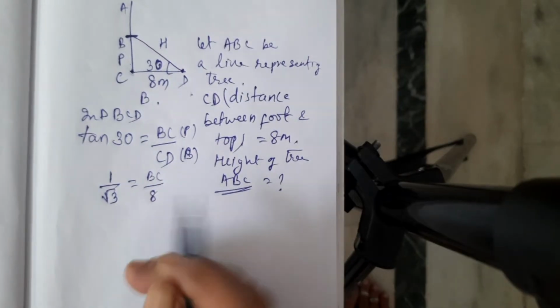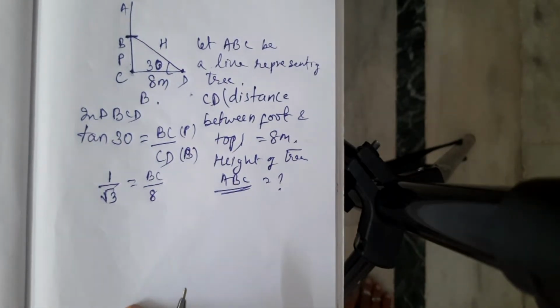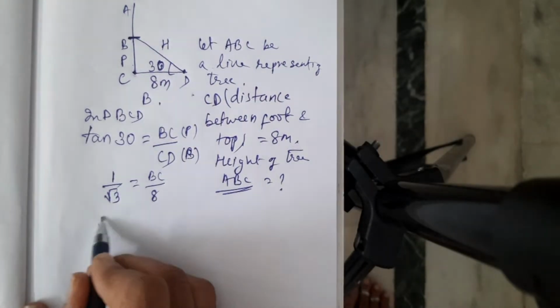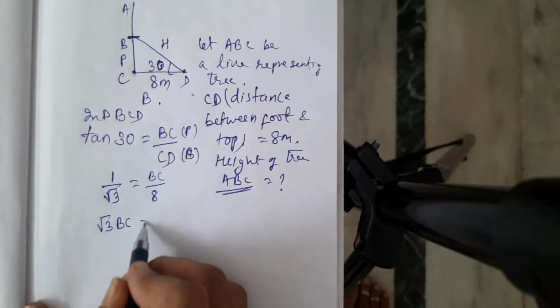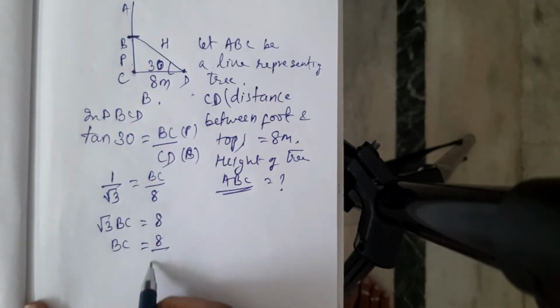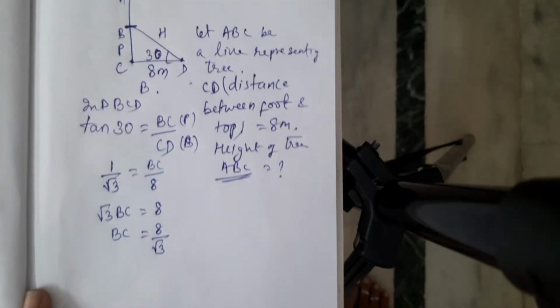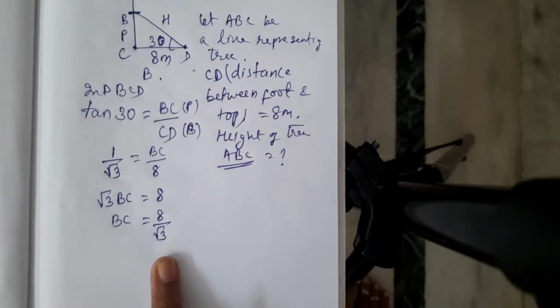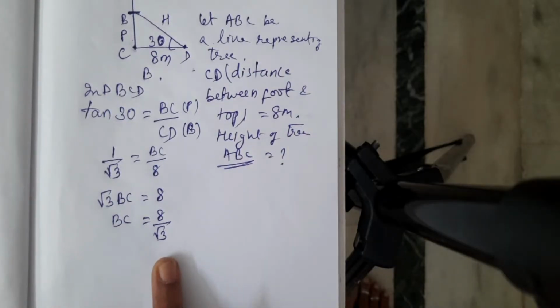CD is given 8. Put in its value. So here have the cross multiplication. Root 3 BC is equal to 8. Now BC is 8 upon root 3. There should not be any root form in the denominator. We are going to multiply numerator and denominator with root 3.